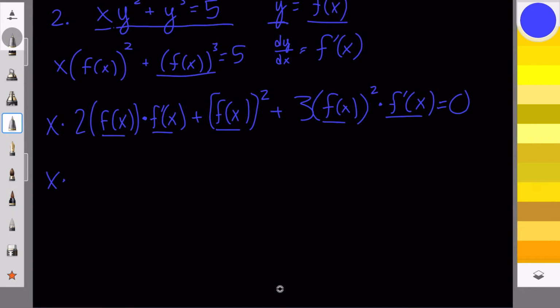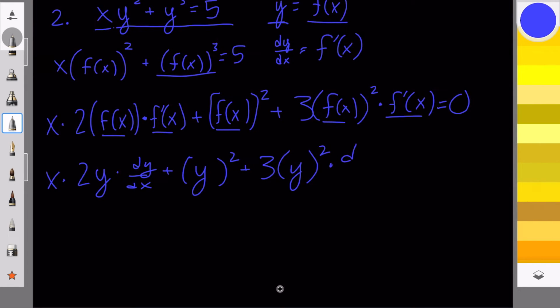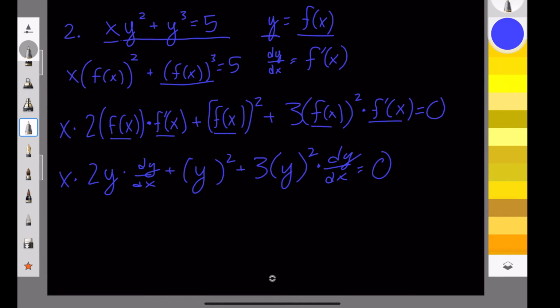So that's x times 2y, this is times dy dx plus what we have in here, right? That's y squared plus 3 times y squared times dy dx is equal to 0. Now we have the dy dx's inside the equation, and hopefully that helps you understand why we put those down in the first place, because of chain rule.